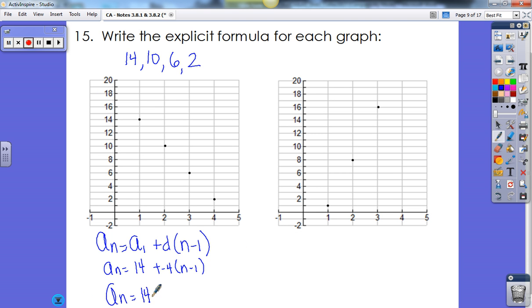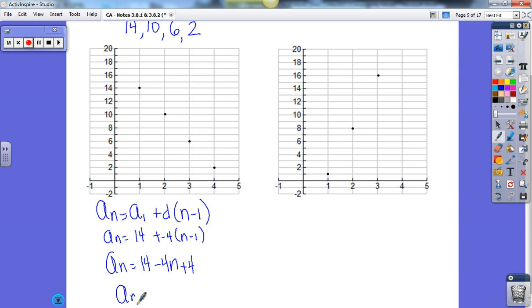So I've got 14. If I distribute my -4 to my n and my -1, simplifying that, I've got 18 minus 4n, or -4n plus 18. And if you go back to your graph and think about it, if I went right there, that would be my y-intercept, and then my slope would be down 4 and over 1, so that makes sense.